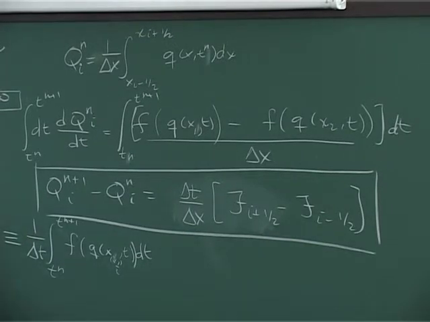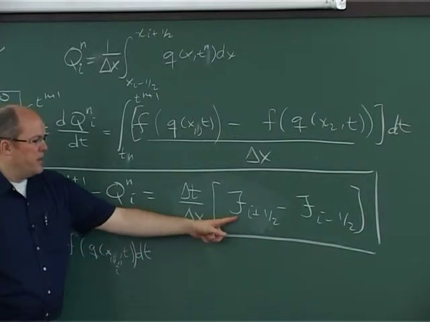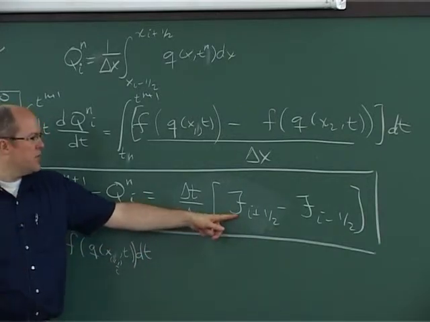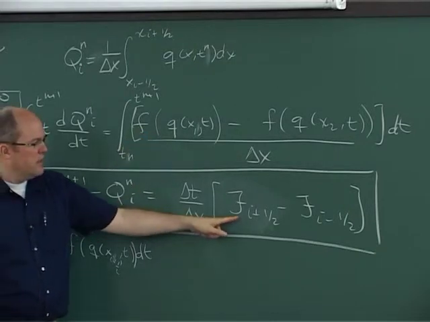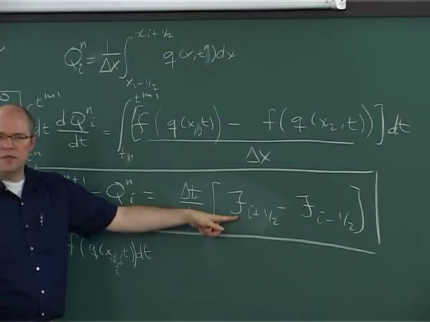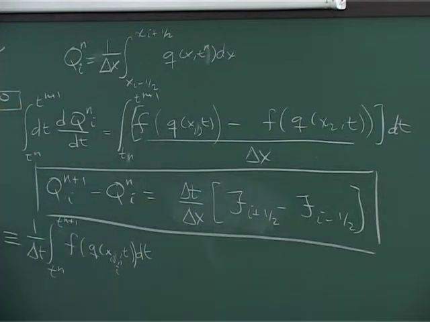I'm writing the capital F here with a script type f so that it looks different than this one. Because we have to remember that this is a numerical flux function, and it's not necessarily just what f is in the continuum problem. It's something else, perhaps. And it usually is. Okay, so this is my numerical flux.